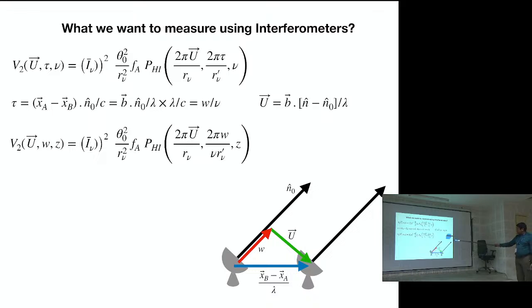If this only emits at 21 centimeter redshifted to that frequency, and this only emits at 21 centimeter redshifted to the other frequency, they will never be correlated, because these are two random fields, two different regions in the sky.